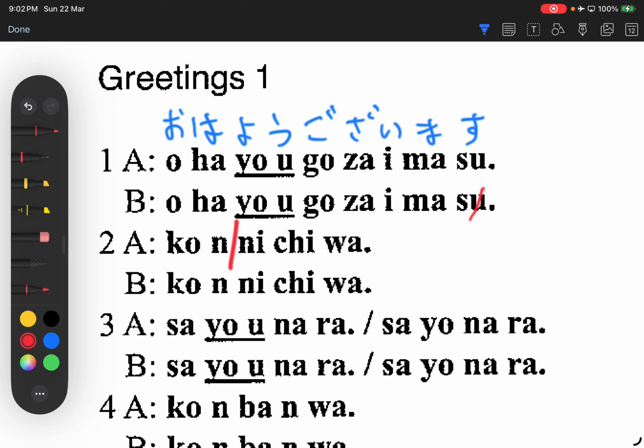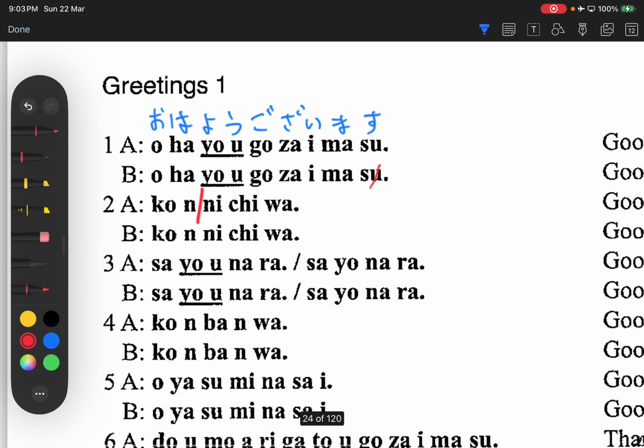You just have to know that usually for masu at the back we don't pronounce the U. So gozaimasu, we don't pronounce the U. If you happen to hear someone pronounce it fully, that person is probably trying to act cute. Usually it's from girlfriend to boyfriend, from children to parents, usually anime characters. So usually it's a silent U. Pronouncing it fully sounds very cutesy, and we don't want to act very cutesy. Okay, thank you for catching that.